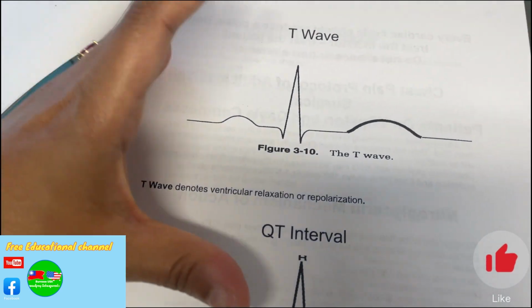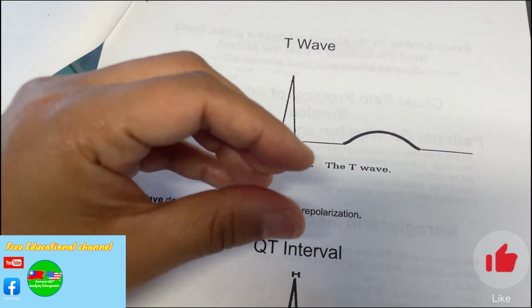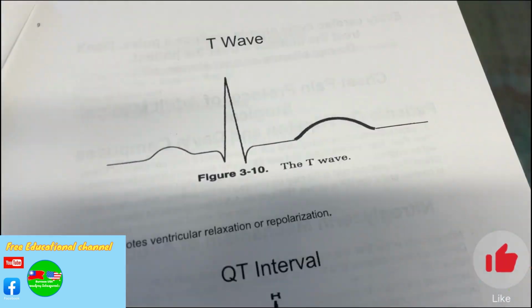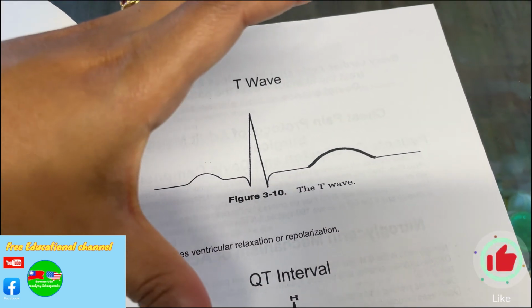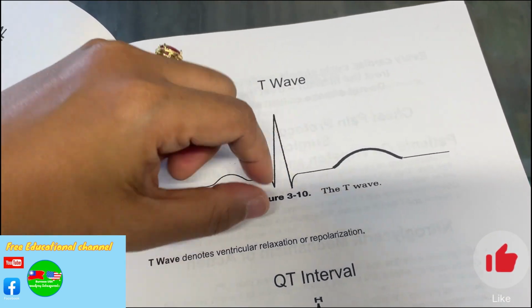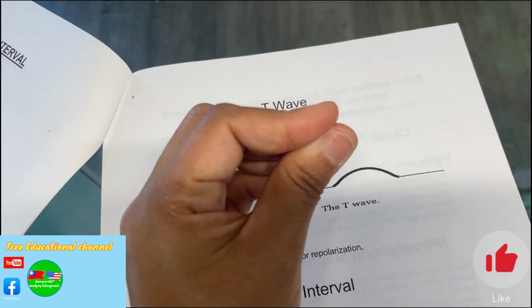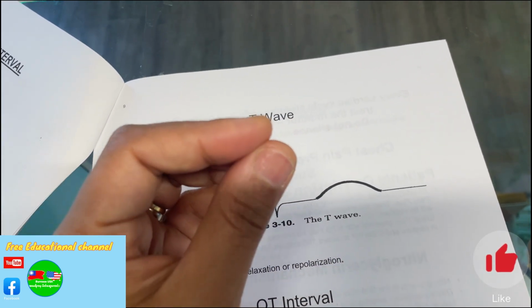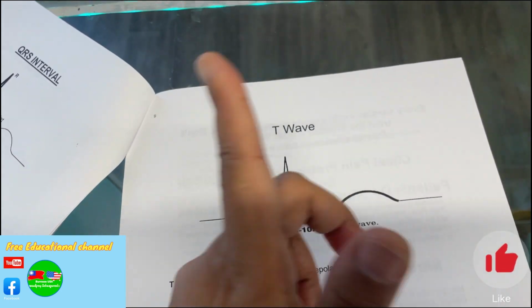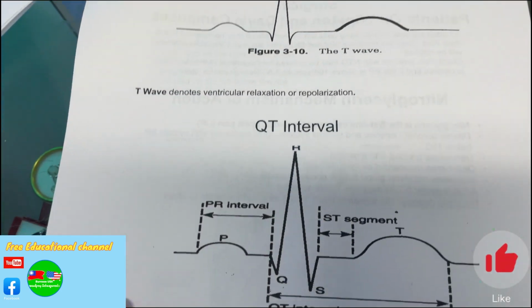Like depolarization means contraction, repolarization means relaxation. Just remember that, okay? So when we have this P, you have atrial contraction, then QRS, ventricular contraction, then your ventricle has to have relaxation, kind of repolarize, so that you have more blood coming in. That's what it is showing, okay?